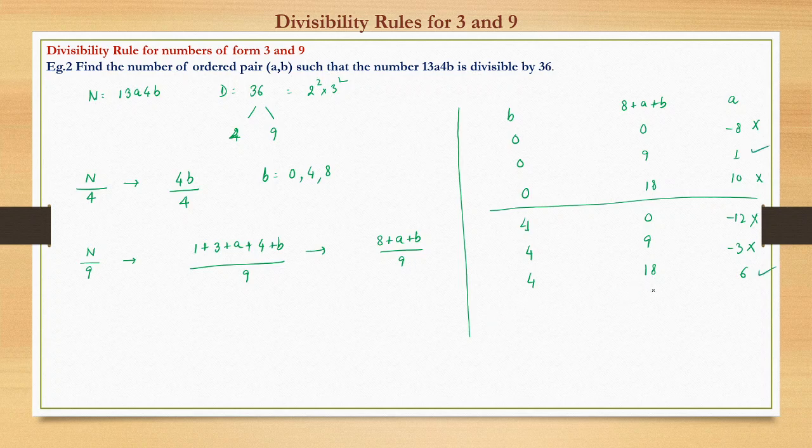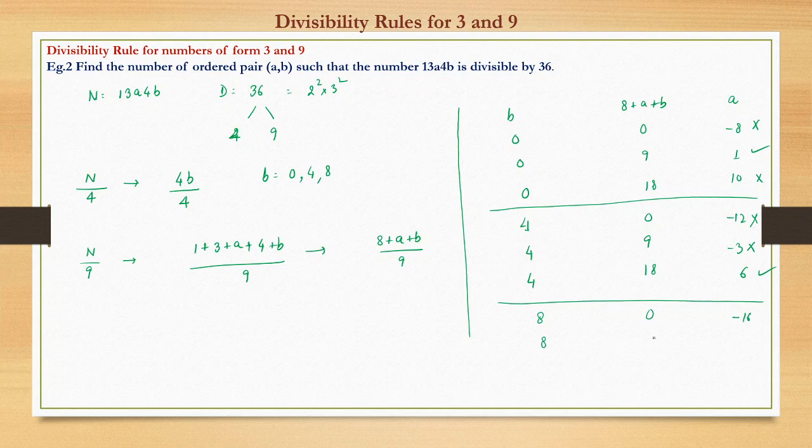Now if we check with 27, then A will be a double digit, so again we will not check. Now we will check with B equal to 8. In this case, let us assume 8 plus A plus B is 0. Here A will be a negative number, minus 16.